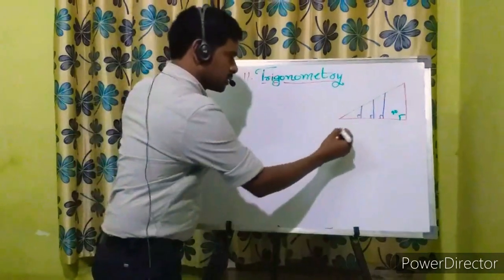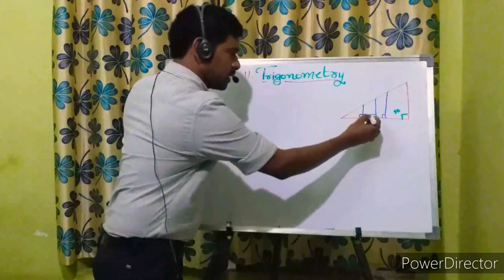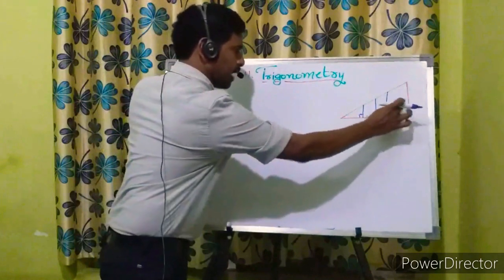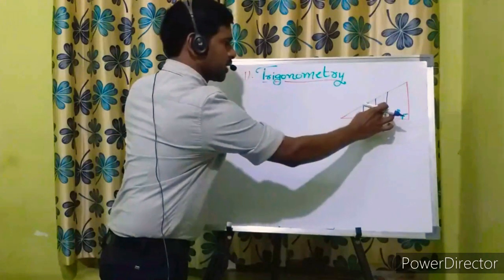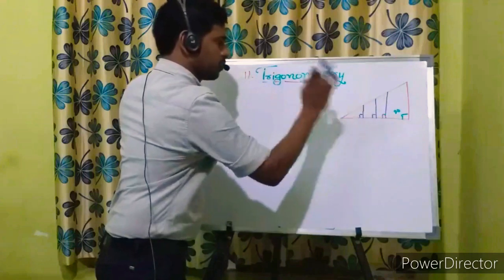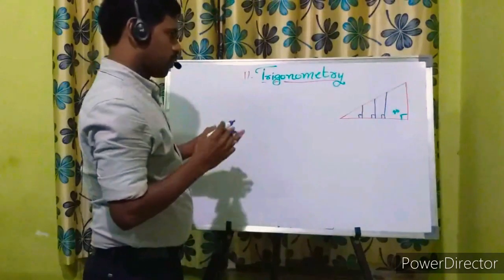From these parts, here 90 degrees, 90 degrees, 90 degrees. This line is parallel to this line, and it is also parallel to the other, and it is divided into some parts.